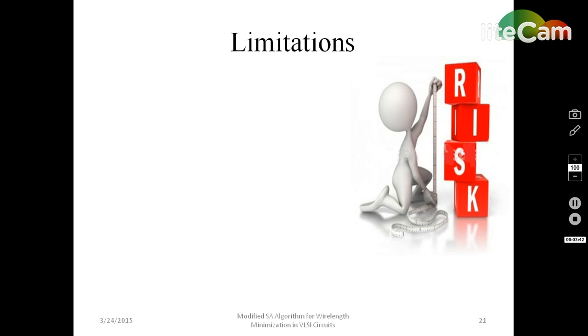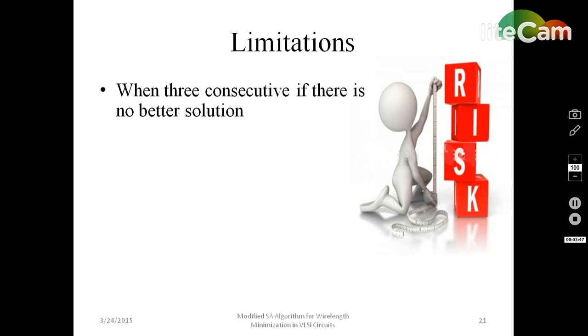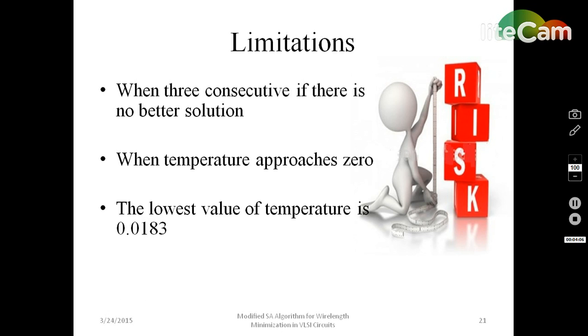Next, let us have a look at the limitations, the shortcomings of this proposed algorithm. It was found that when 3 consecutive searches do not find a better solution, the algorithm fails in its operation. The next is that when the temperature of the algorithm approaches very near to 0, the algorithm fails in its operation.